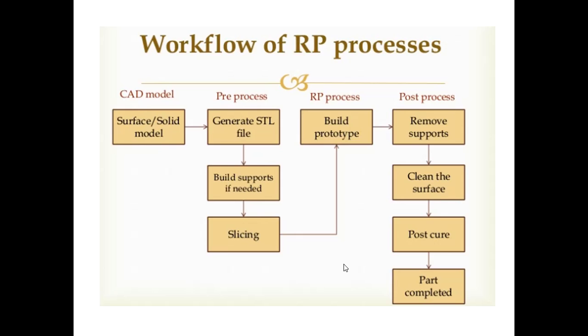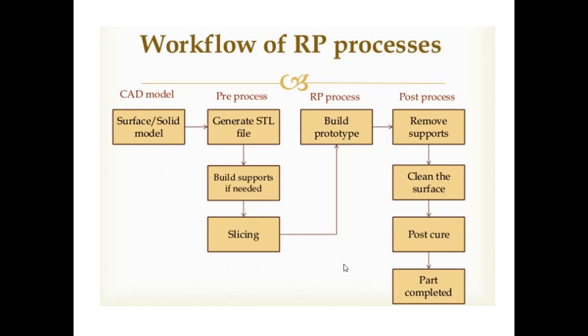And then the third one is actual manufacturing, that is the RP process. So we are building the prototype or the model. This model will be built with the help of special manufacturing machines. We have a variety of techniques available for manufacturing in the rapid prototyping process, and we can use any of them as per the requirement.